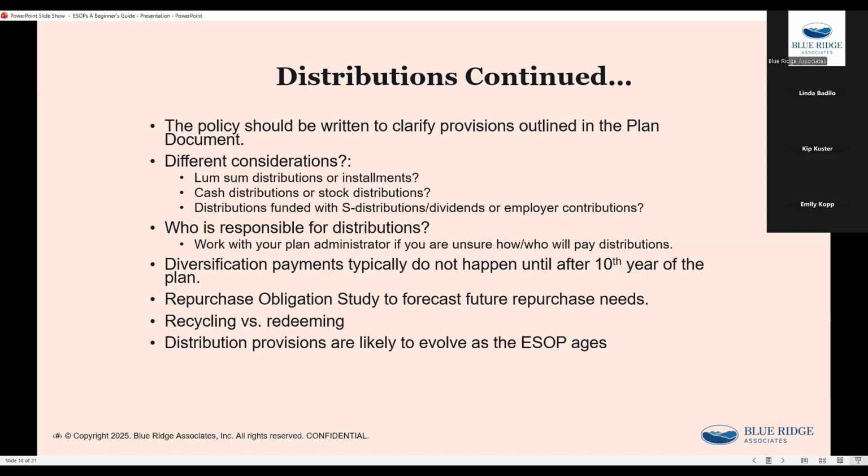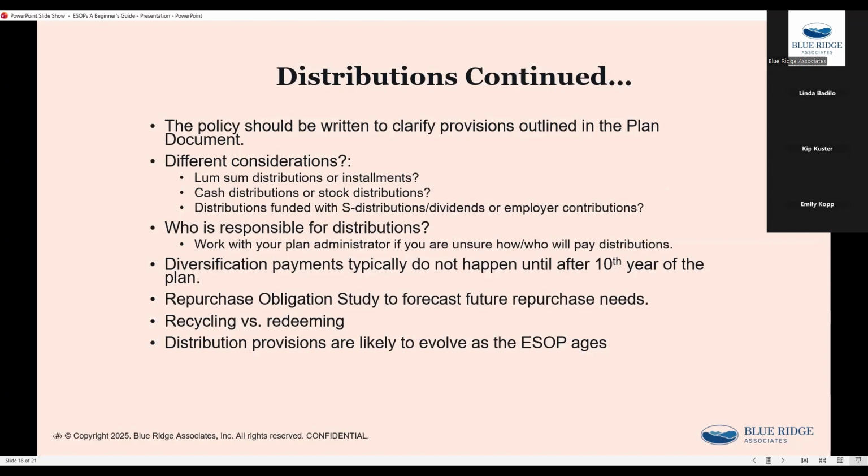I'm going to speed it up here as we're running short on time, but diversification payments typically won't happen until the 10th year of your plan, upon age 55 and 10 years of participation for a qualified participant. And just keep in mind that as your ESOP ages, your policy on how you're going to pay distributions might change as well.